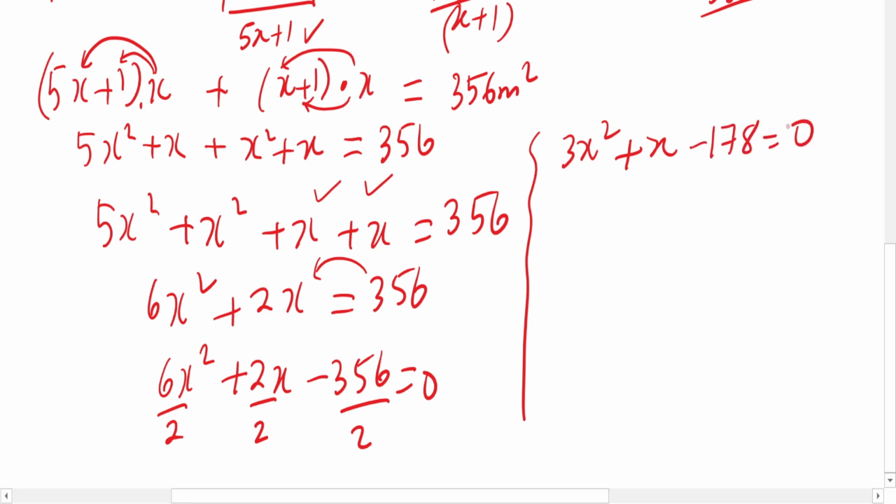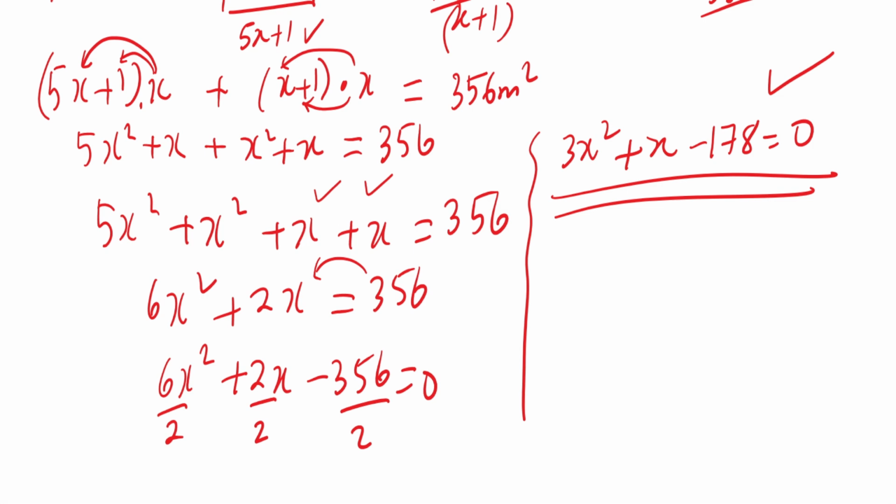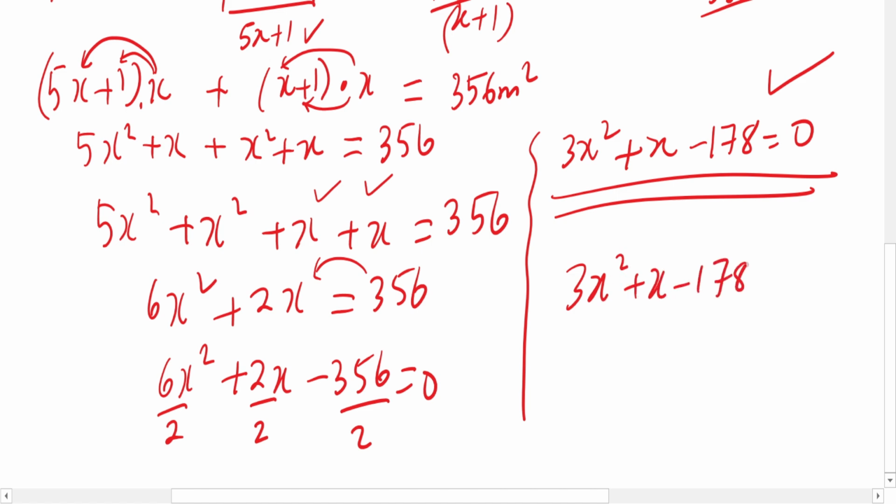This is a good way. You can leave your answer like this, as the simplified version, otherwise you could get fractions. So your answer is 3x squared plus x minus 178 equal to 0.